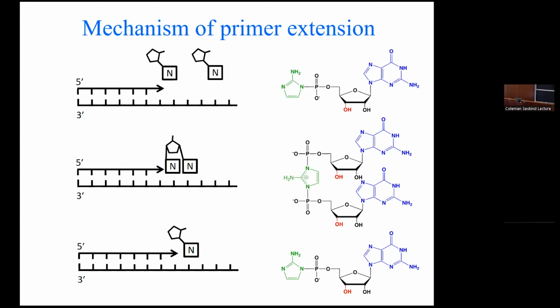You have what we call a primer that's annealed to the template by Watson-Crick base pairing, and then activated nucleotides come in, they bind to the template, sit next to the primer. The 3' hydroxyl at the end of the primer attacks the adjacent phosphate, and the primer grows by one nucleotide, right? Which is what biology does, except using enzymes and NTPs.